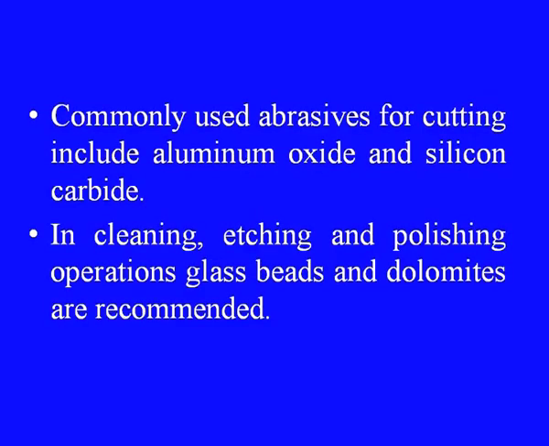Commonly used abrasives in this process include aluminum oxide, which is a very popular one, and silicon carbide. Both these abrasives are very popular in almost all abrasive based processes. In cleaning, etching and polishing operations, glass beads and dolomites are also used; rather, they are recommended in such applications.